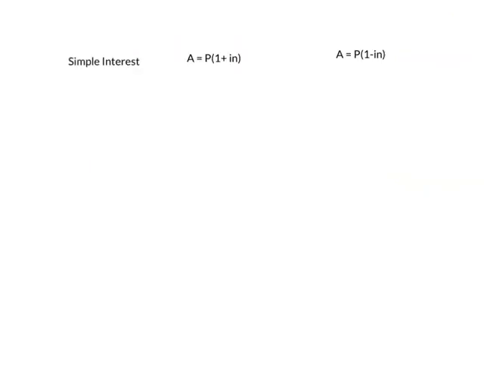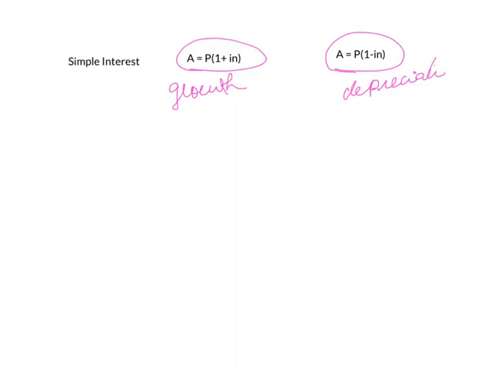So simple interest is A = P(1 + in). We call this growth; the money appreciates. This is where money depreciates, which we call depreciation or decay.